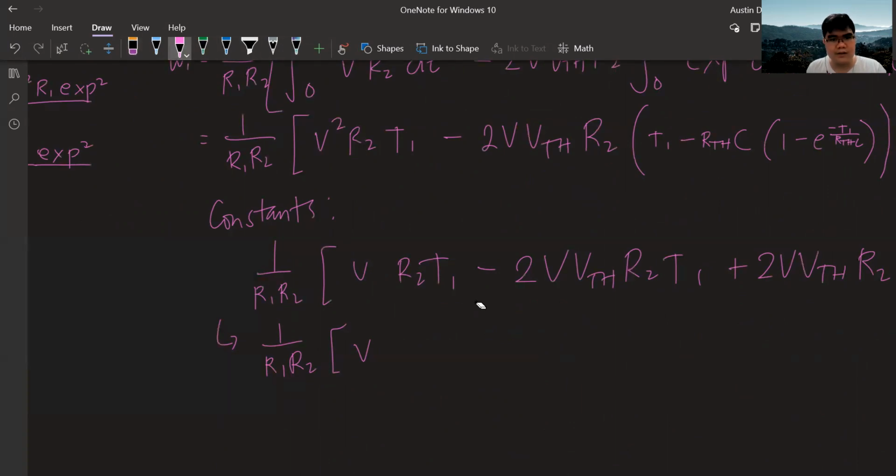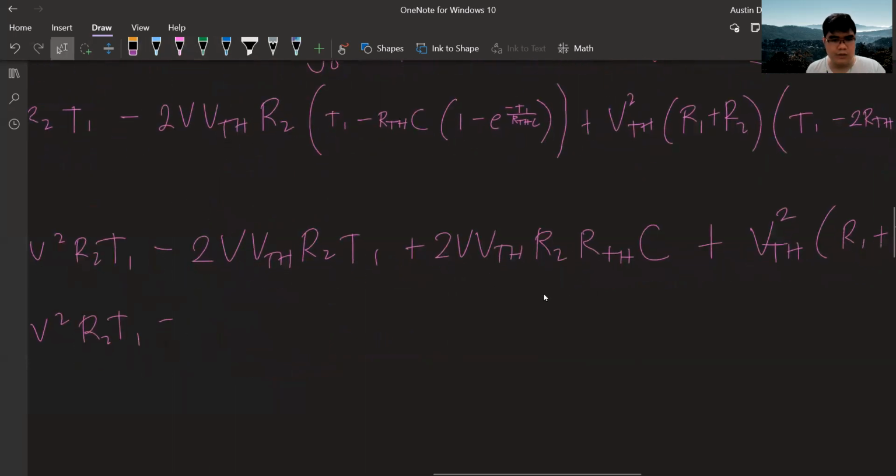I think this simplifies nicely. V squared R2 t1 minus 2, plug in natin si V_th which is just V R2 over R1 plus R2. So V times V, di ba? Tapos may R2 siya, then all over R1 plus R2.